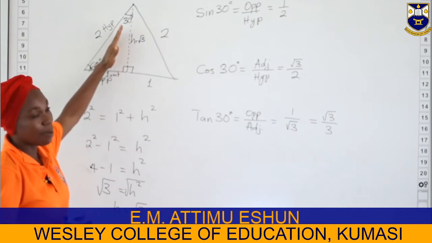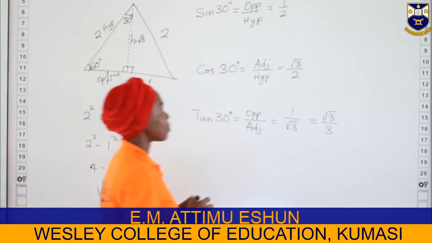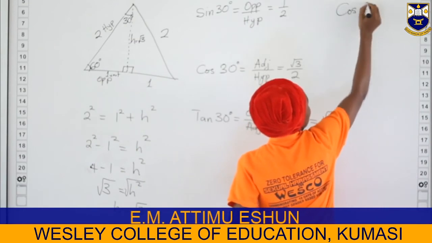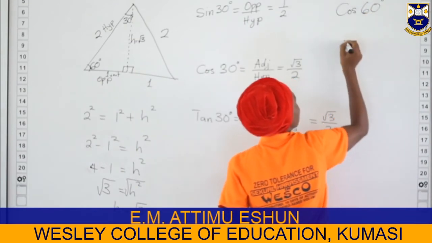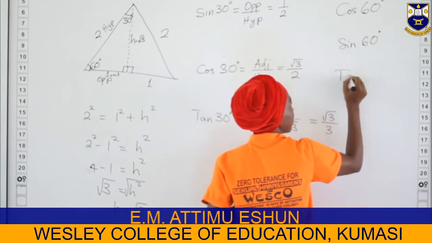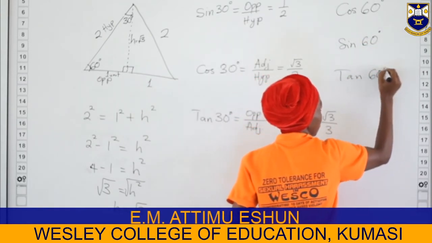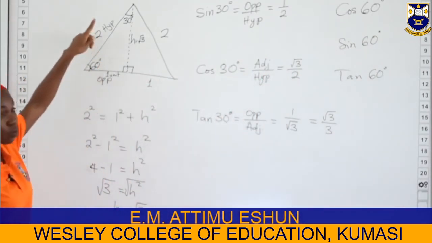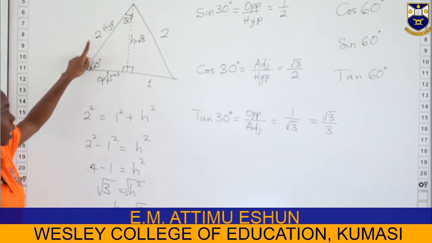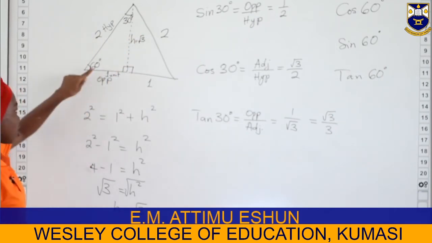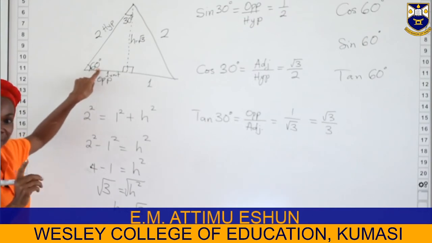Now from that same diagram, we can find the following ratios: cos 60 degrees, sin 60 degrees, and tan 60 degrees. Now before you start to work on that, you need to be careful. The sides would have to be renamed because the angle of reference is 60.